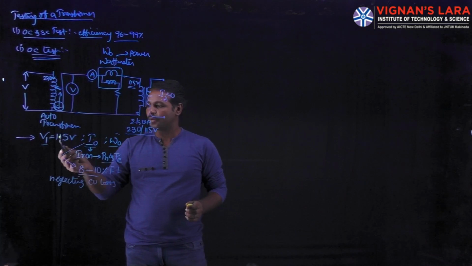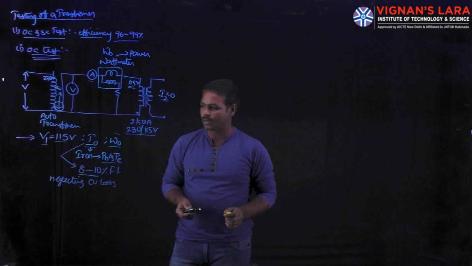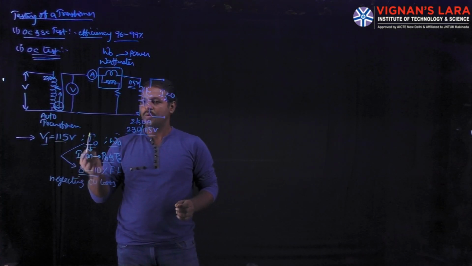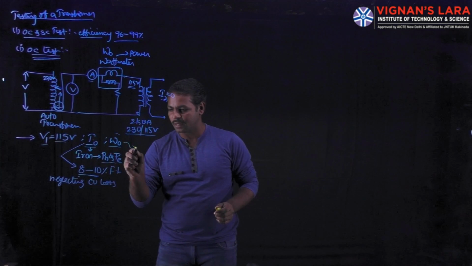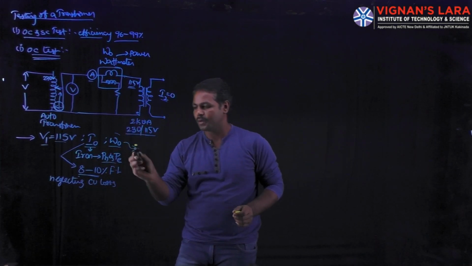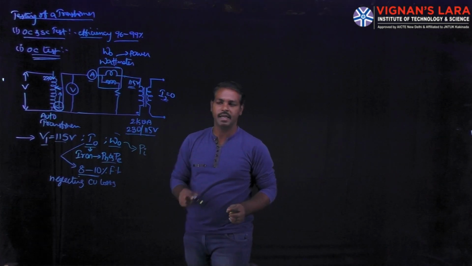Whatever the voltage is applied, it completely depends on the iron losses. So whatever the power is indicated by the wattmeter always gives the iron losses existing in a transformer.